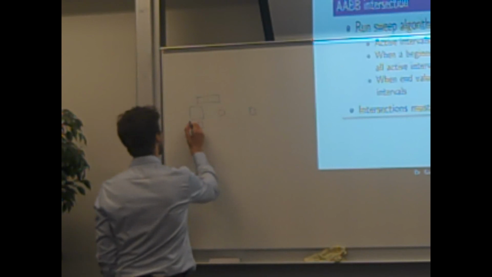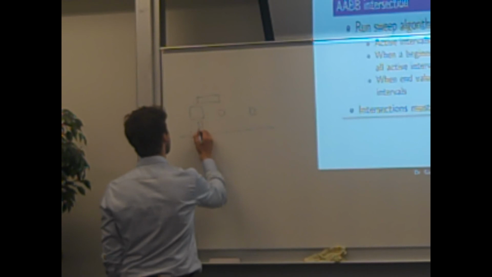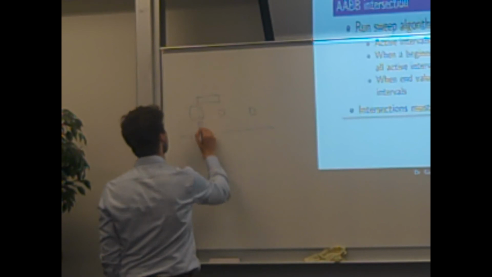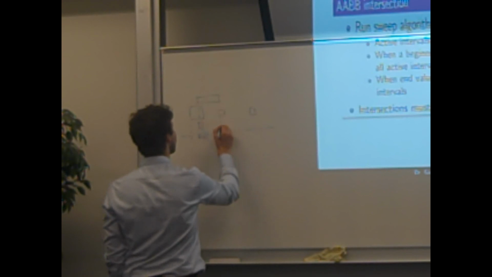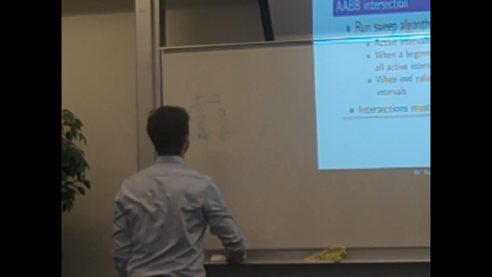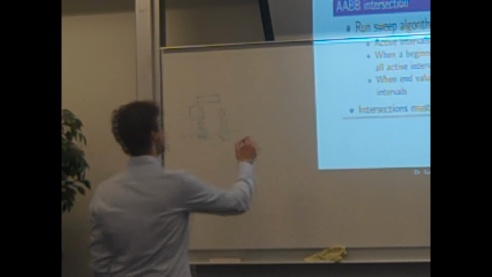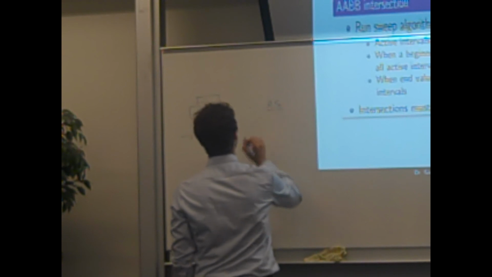The sorted points are A, B, C, D, E, F, G, H. At the beginning, the active set is empty, it doesn't contain anything.